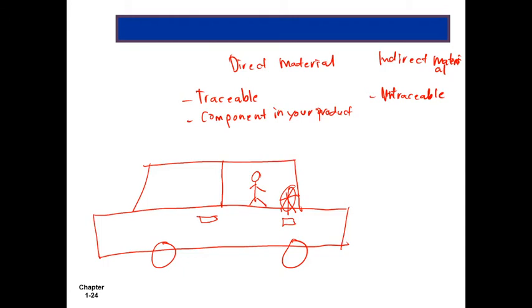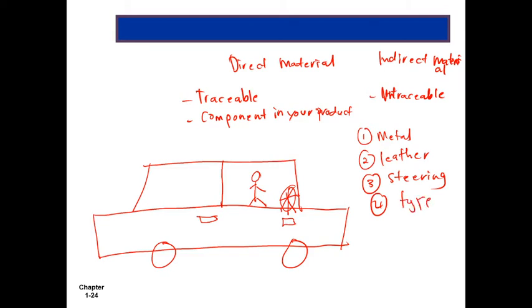So, what is the material that you need to make a car? First, of course, you have metal. Then maybe you want a leather seat. Then steering, tire, and window.